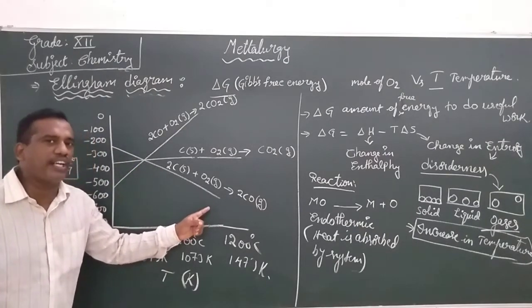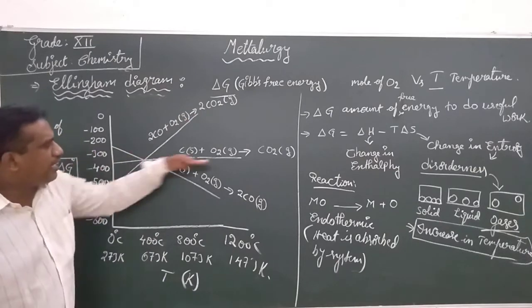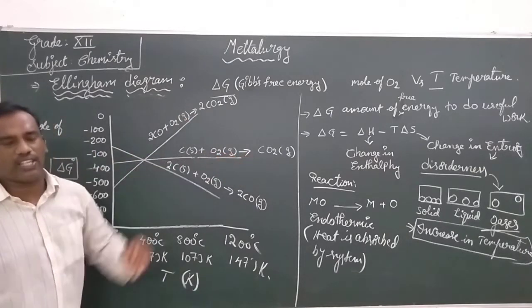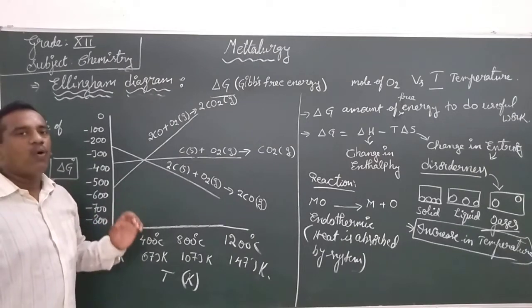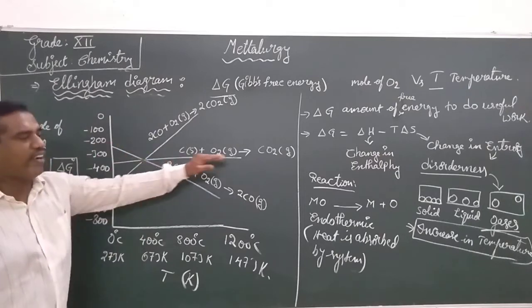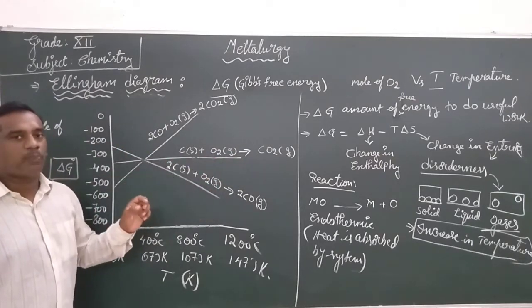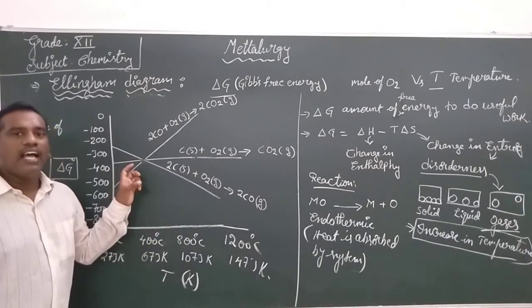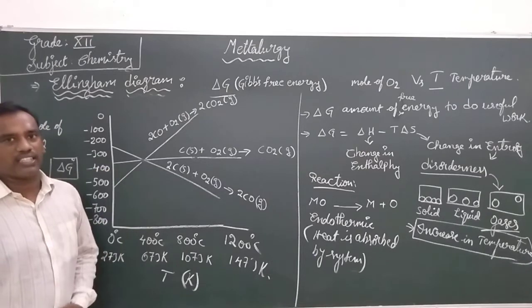One line is going down, one line is going above, whereas one line is horizontal. Most of the students will be confused here. Why the lines are going above, why they are going below, and why they are horizontal. We will now have a clear-cut explanation for these lines going in different directions.